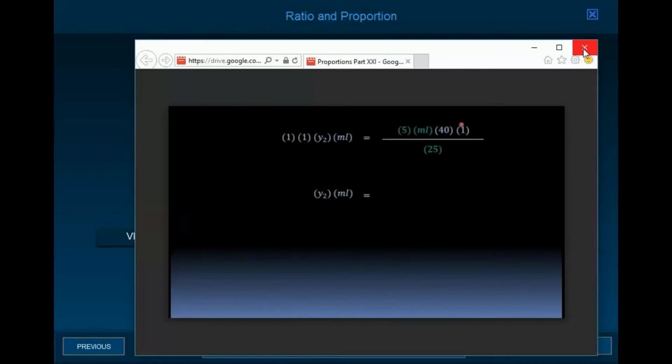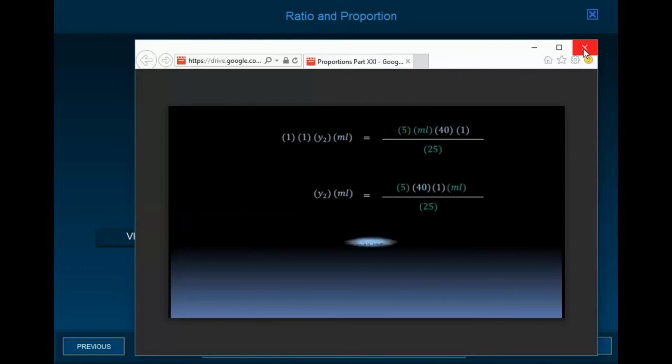We can rearrange the order of the multiplying factors in the top of the fraction so that we can calculate more easily. And we can rewrite the top of this fraction as 5 times 40 times 1 milliliter unit all over 25.